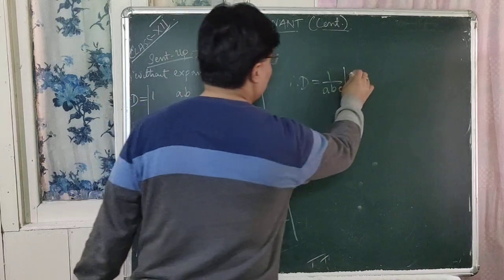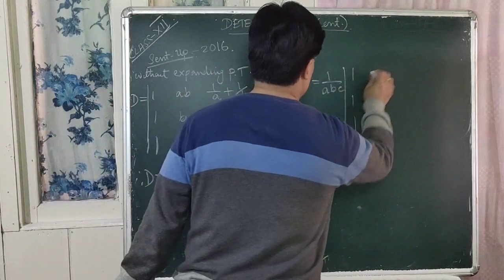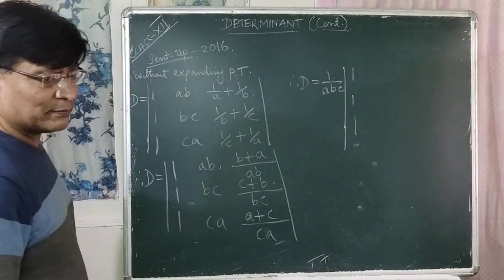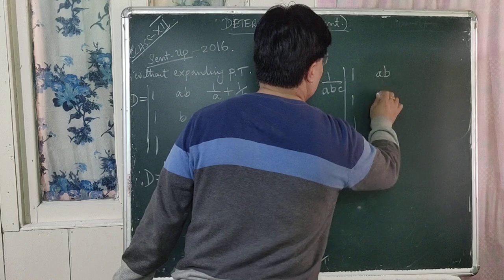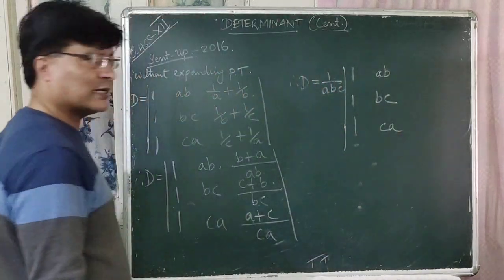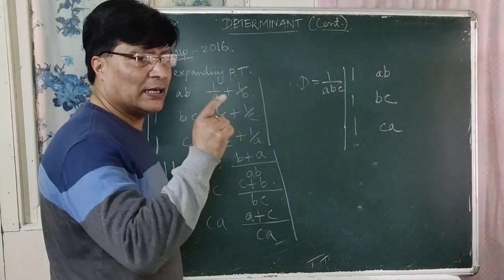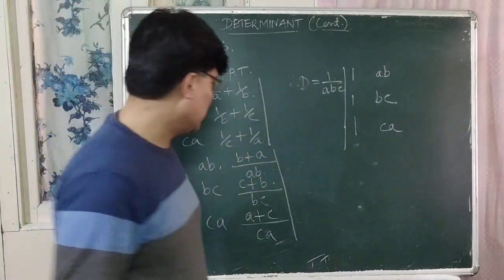First column remains the same, 1, 1, 1. Second column remains the same, that is AB, BC, and this is CA. Is that clear? But in the third column, each and every element should be multiplied by ABC. So what do we get?